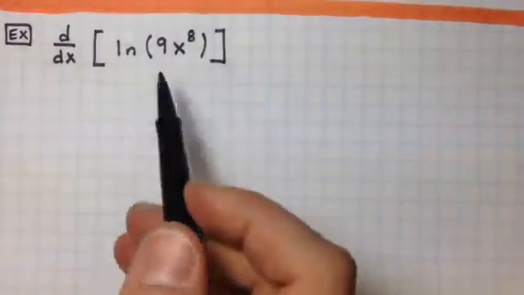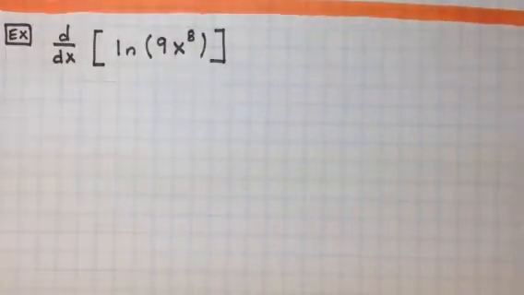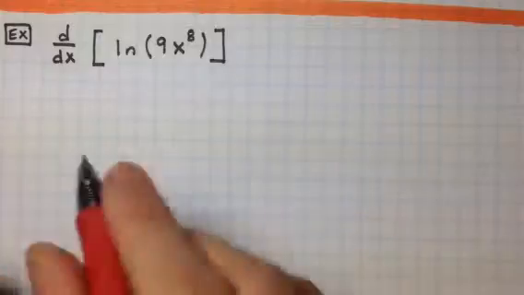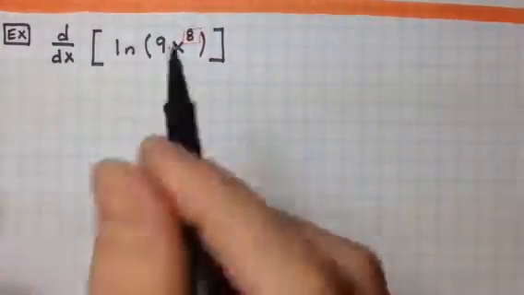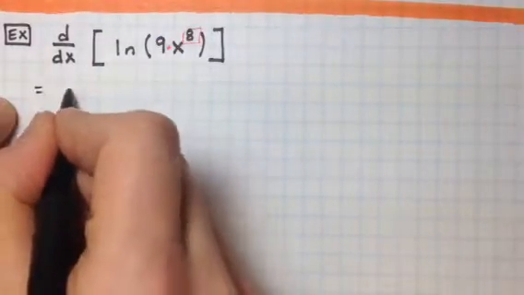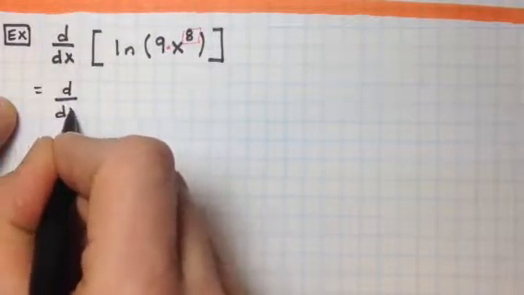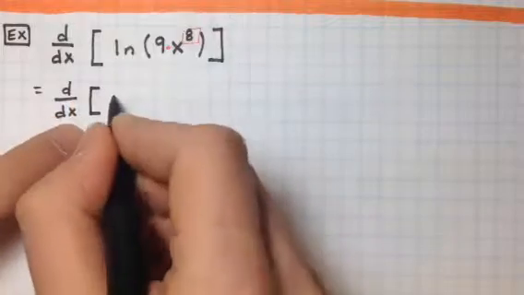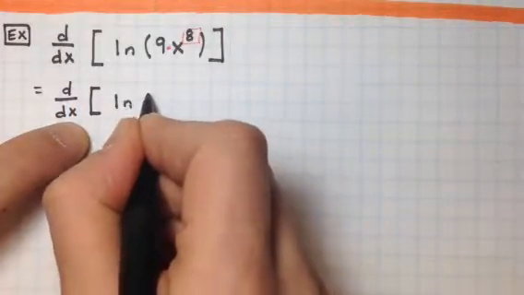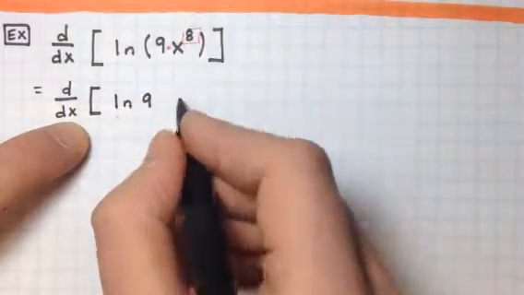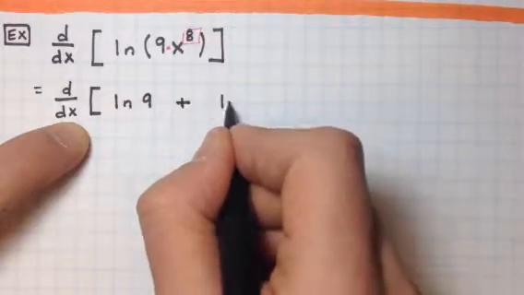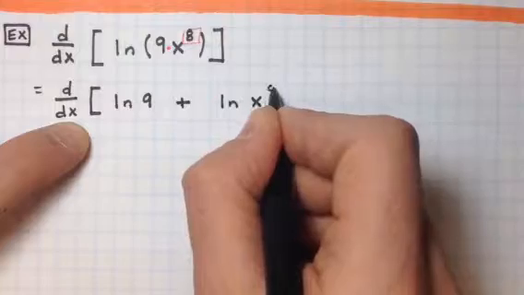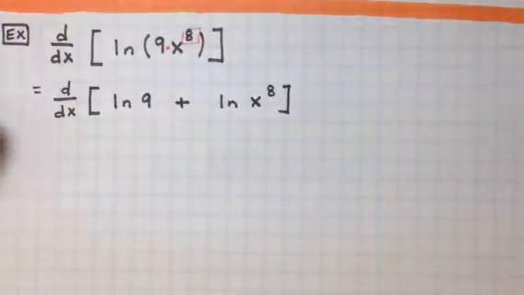Now again, this one's not that hard to do straightforwardly, but we might go ahead and notice that we've got an exponent and we've got multiplication. So before we take the derivative, we could break this thing apart. Let's do that. Natural log of 9, since this is a product, when we expand we add, times the natural log of x to the 8th power.